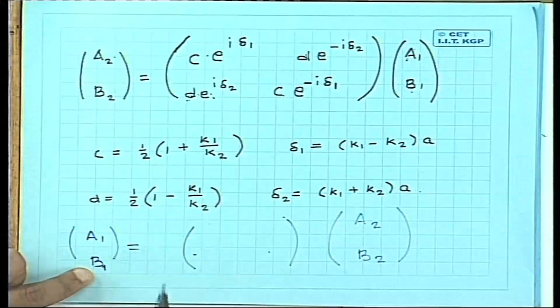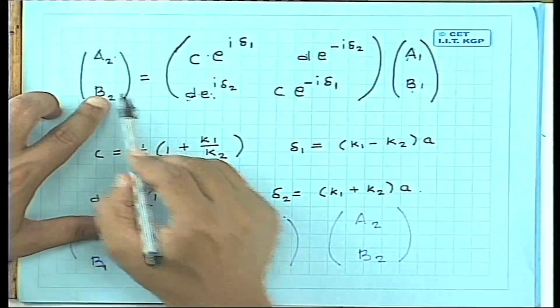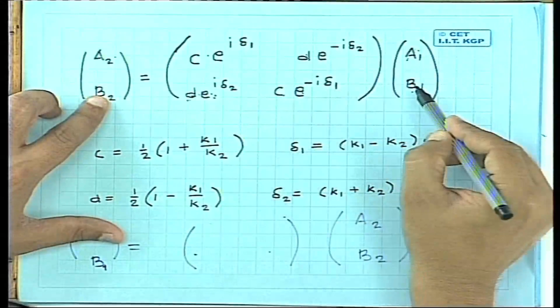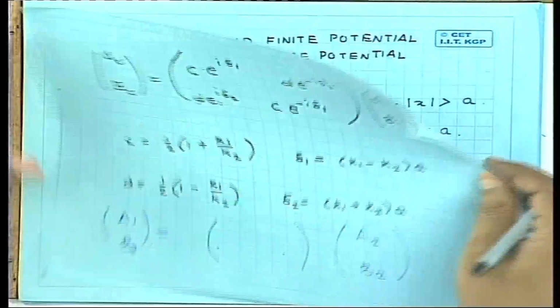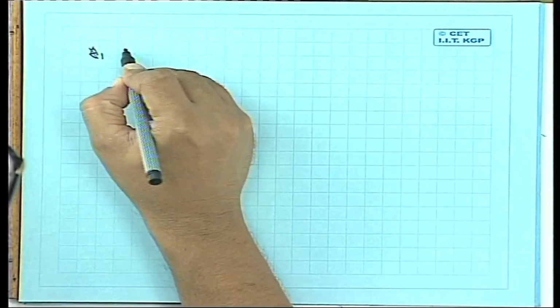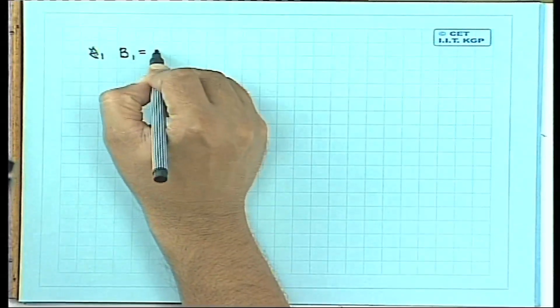So what does this imply? This implies that B1, so what is B1? B1 will be this term into this plus this term into this. So let me write that down. So we just want B1 equal to 0.